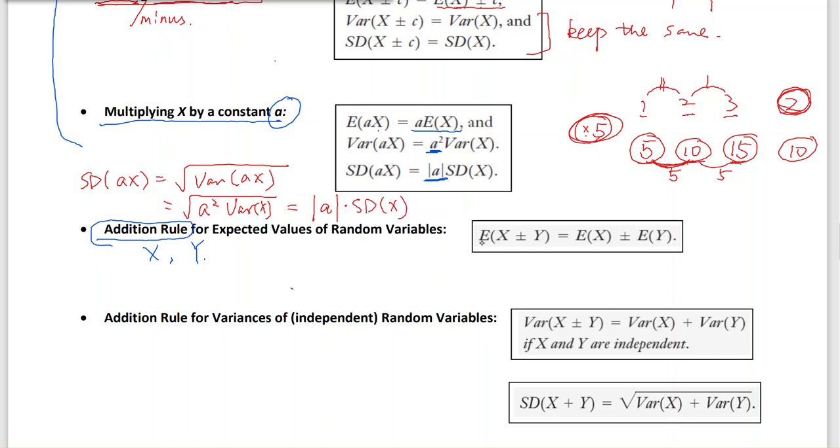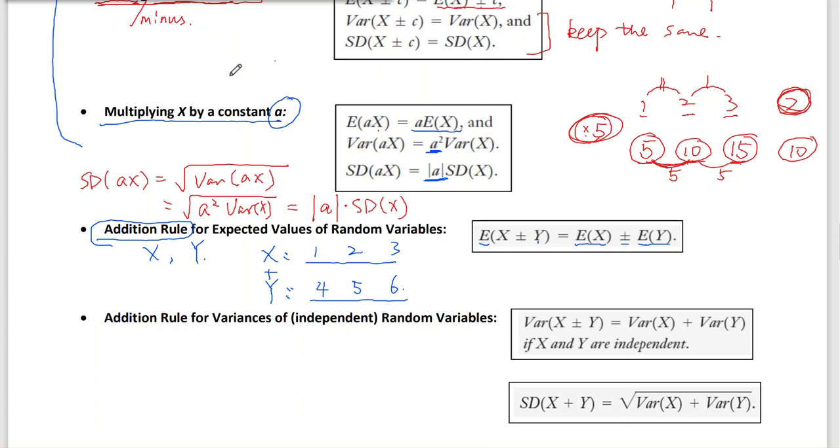We say the expected value of X plus or minus Y will be just the expected value of X plus or minus the expected value of Y. For example, if I have one variable X with outcomes 1, 2, 3, and another variable Y with outcomes 4, 5, 6, then the expected value of X plus Y will be the expected value of X plus the expected value of Y. Got an idea?